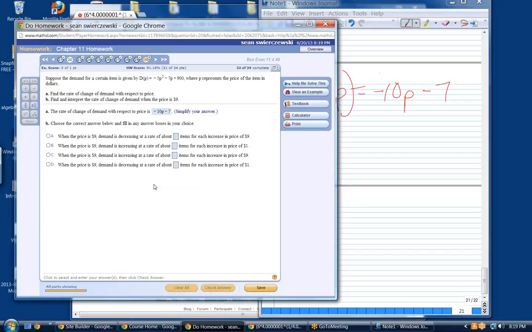When the price is $9, demand is decreasing at a rate of what for each increase in price of $9. Oh, man. When the price is... Yeah, I'm quite sure that that's got to be right. Minus 90 minus 7 is minus 97.